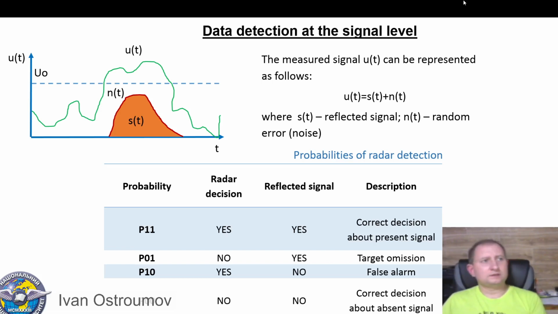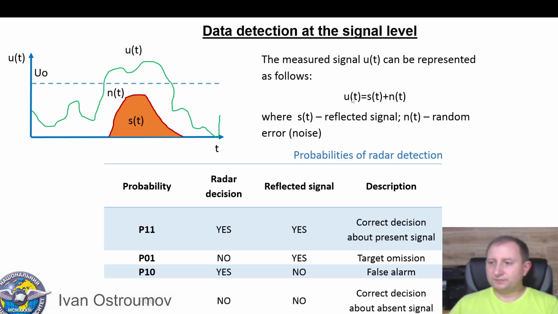Therefore, let's imagine that at the input of receiver we have the correct signal, which is S. We've got signal S, and we've got some random noise. Usually in radio we can use different types of noises, based on different nature.